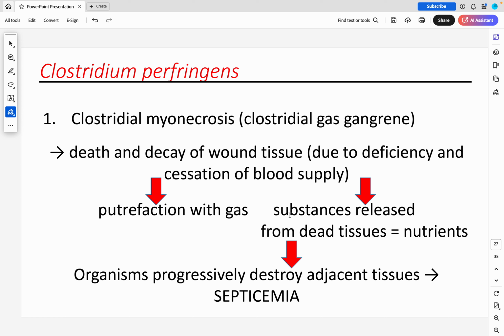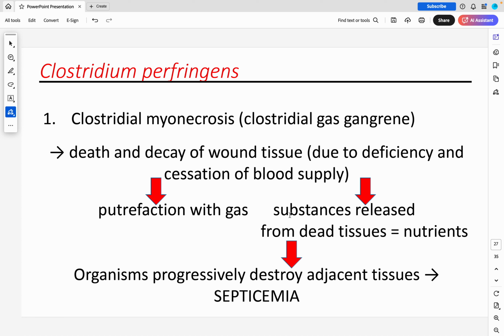Okay. More on Clostridial myonecrosis. I mentioned all of this already. So in cases of wide distribution, or in cases when the pathogen has become more systemic because, let's say, for example, a wide portion of tissue is already affected and causing systemic gangrene, the organisms can progressively destroy tissues proximal to the site of infection and invasion.